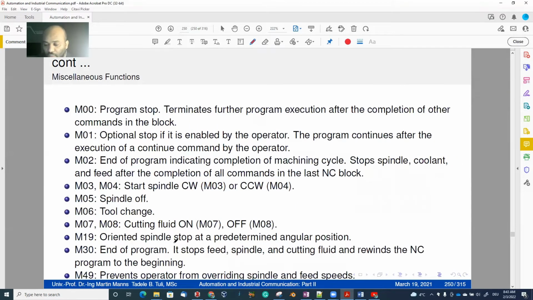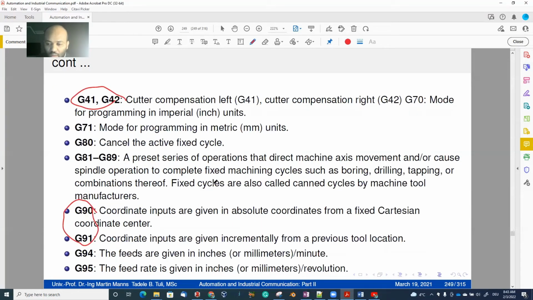And the other thing you have to know is either M00 or M30, end of the program, or stopping. Then I would suggest you know also M03 or M04. Then also M05, M06, M07, and M08. I would say remember these codes that I marked by heart, okay? Maybe G71 for metric units, it doesn't hurt to know, optional.